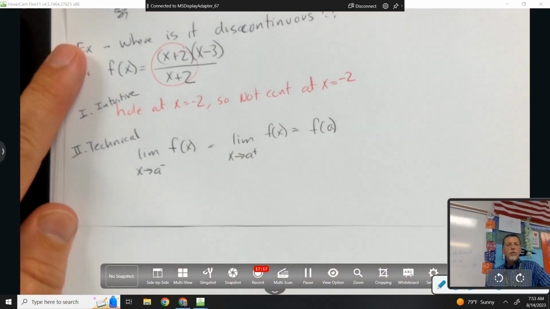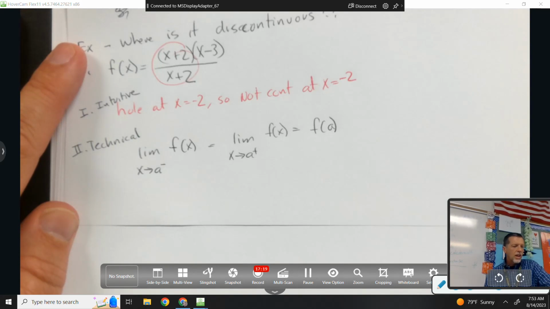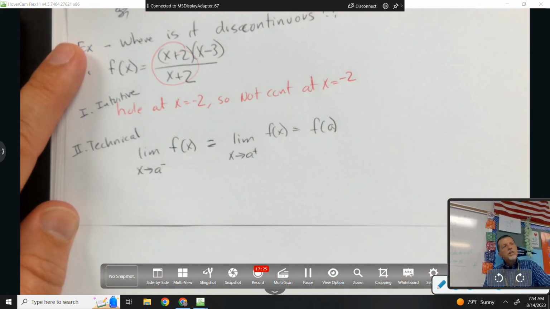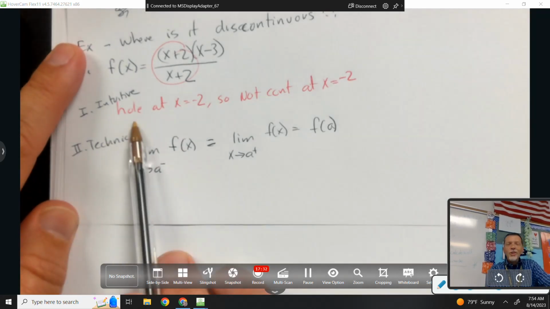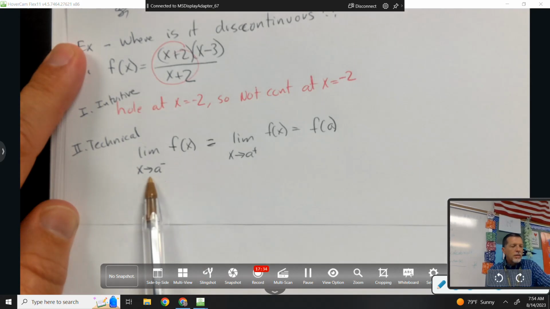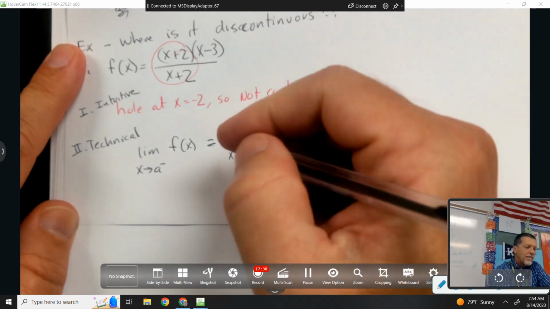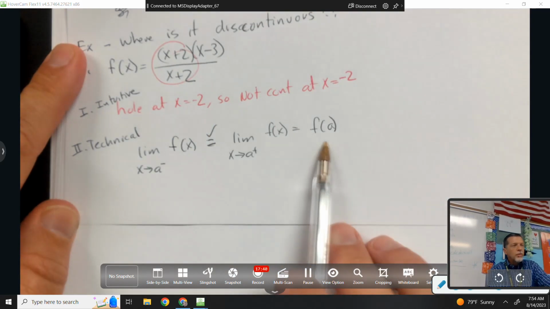So there's our formal definition of continuity. So now we already know it's a hole, so we can use that. Does the limit from the left equal the limit from the right? Yeah. Does it equal the function value?